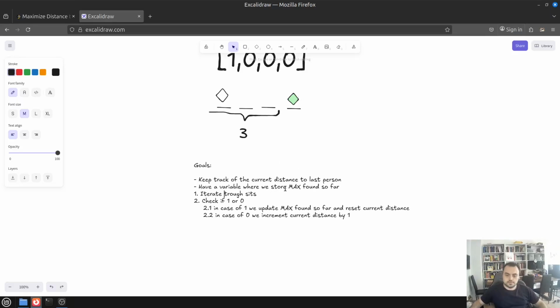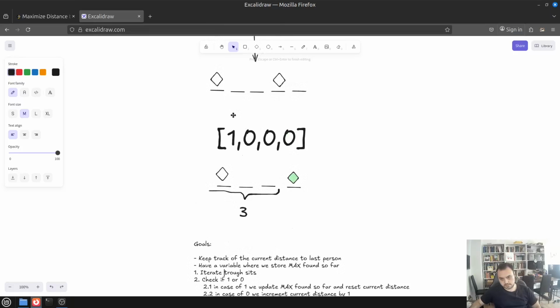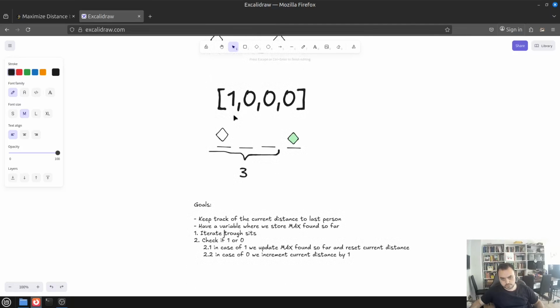So we simply have to iterate through all the seeds, and if it's 0, then we can have some counter which will count how many zeros we have encountered so far till the next person. Each time we have zeros, we count how many of them there are, and we compare with the best found so far, and that's how we can end up with the best option by the end.